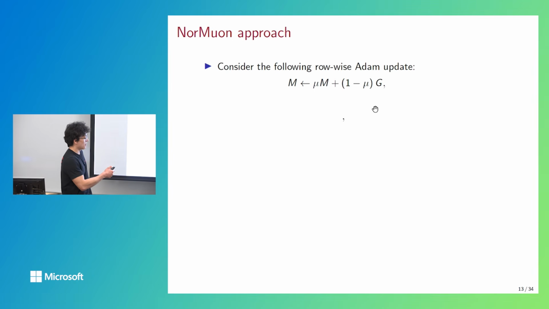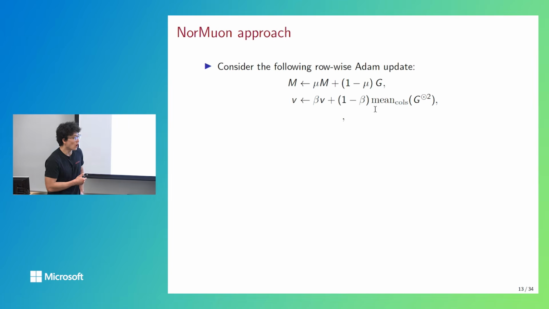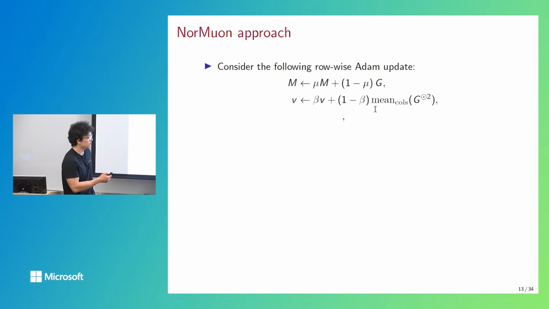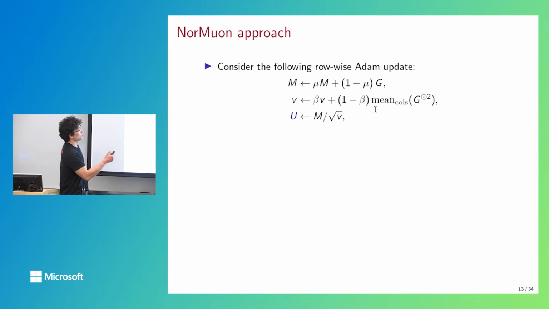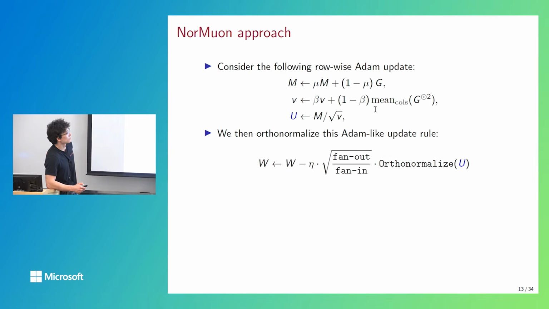So you have this momentum aggregation, but for second moment estimation, you take the average across the column so that you have this row-vector-sized second moment, and you divide by the square root of V to come up with this Adam-mini-like update. And what they did is basically orthonormalize this more advanced update rule instead of SGD momentum to come up with their optimizer.